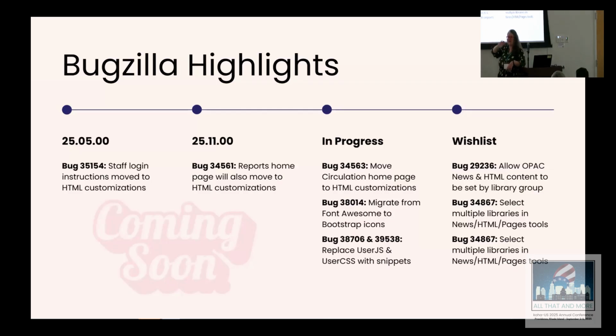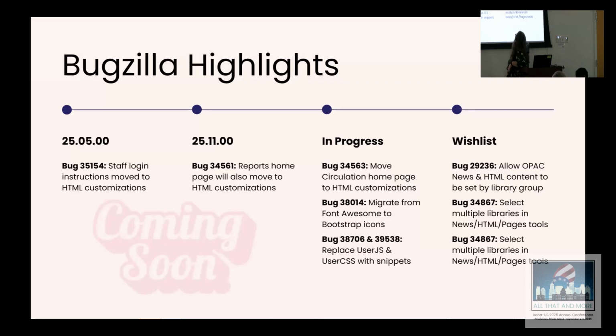This would allow you to just have a snippet that you put in instead of having to manage it. I believe that's how Aspen does it. I don't use Aspen at my library, somebody else does, but I think it would make things a lot simpler and easier to customize.